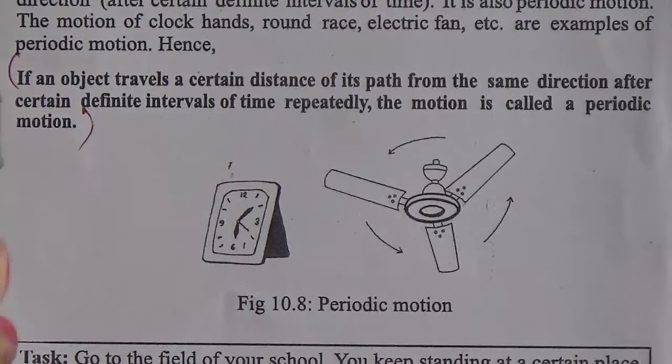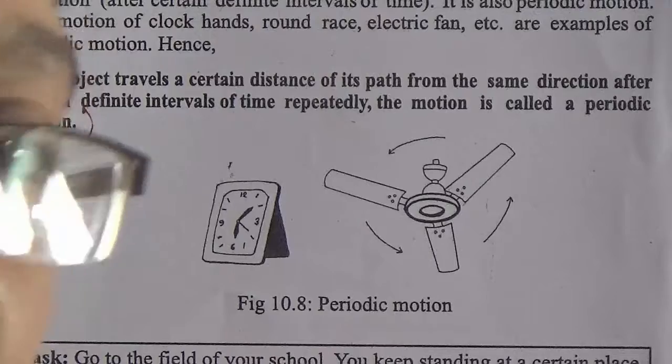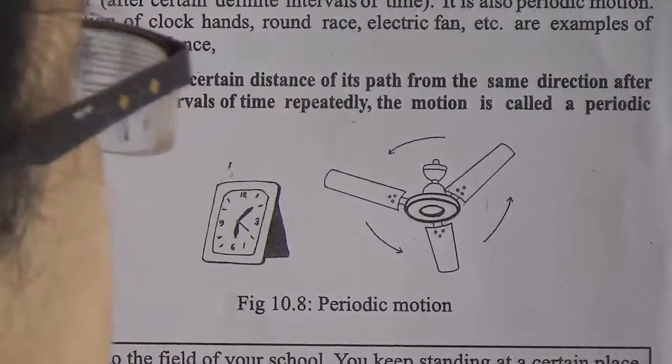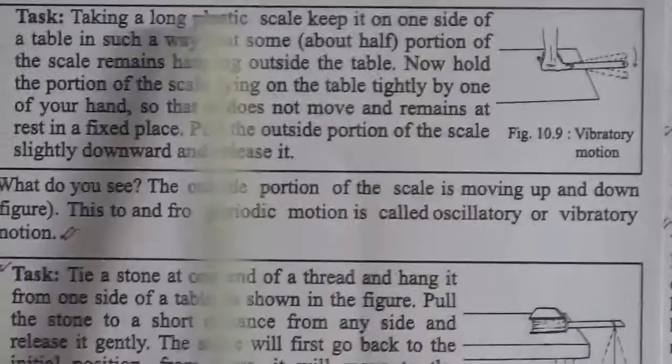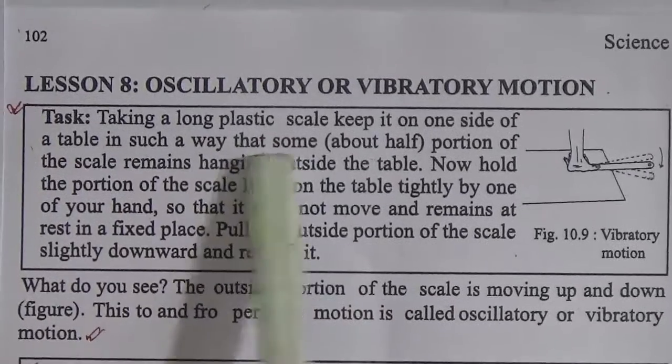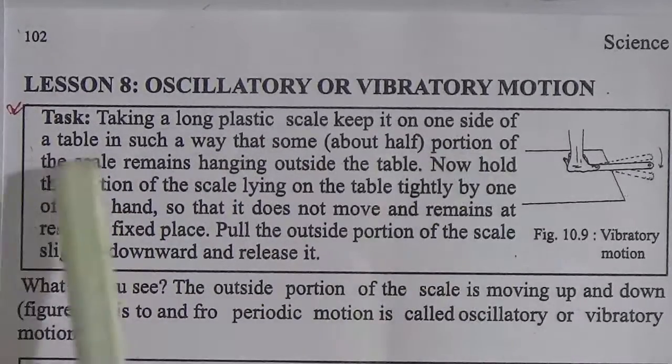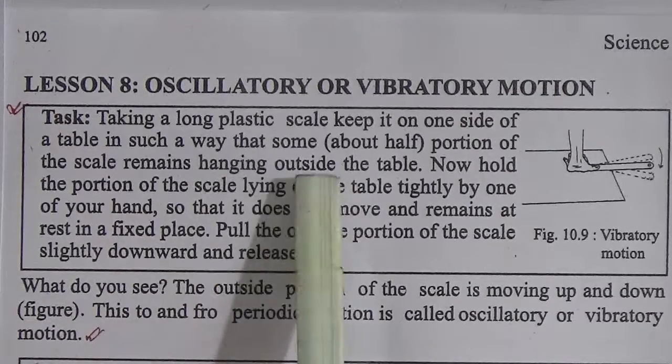Now, oscillatory or vibratory motion. You do this very frequently in your classroom or your home. So it is very familiar to you, but you don't know the name of this motion. Oscillatory or vibratory motion. Task: taking a long plastic scale, keep it on one side of a table in such a way that some portion of the scale remains hanging outside the table.